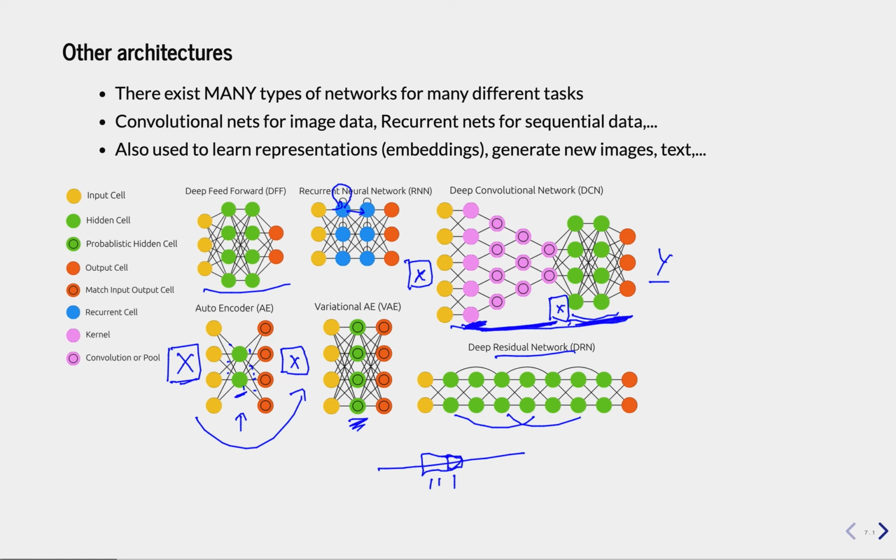So if we saw this image 4 here and we detect some patterns, if you go very abstract, some of these patterns may get lost. And so to not lose them, we feed them back, and we skip over a number of layers to feed them back so they don't get forgotten. And this allows us basically to build deeper neural networks. I won't go into all of these. We'll mostly focus today on the feed-forward neural networks, the dense neural networks. Next lecture we'll look at convolutional neural networks.